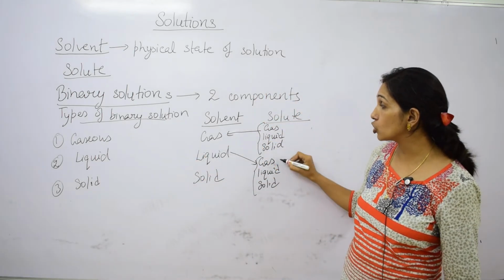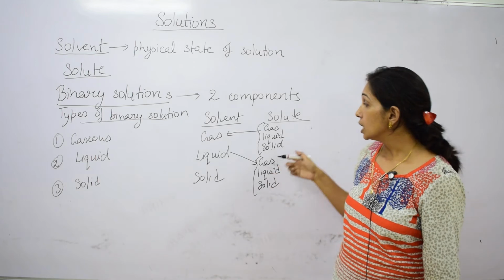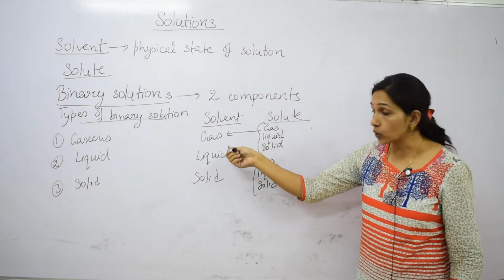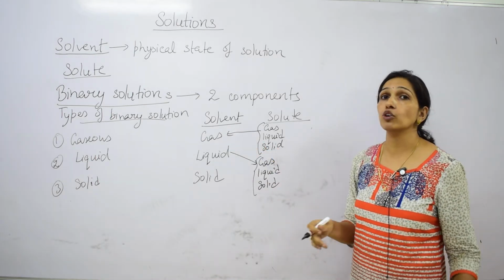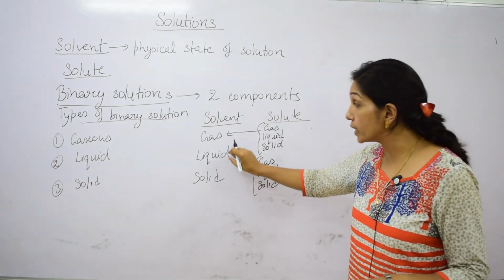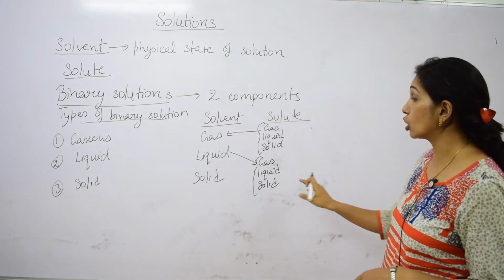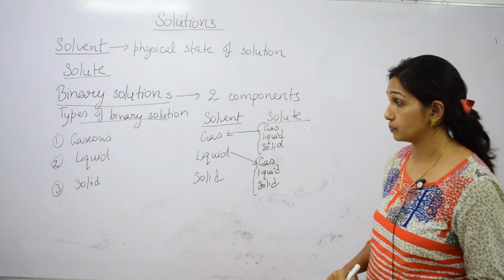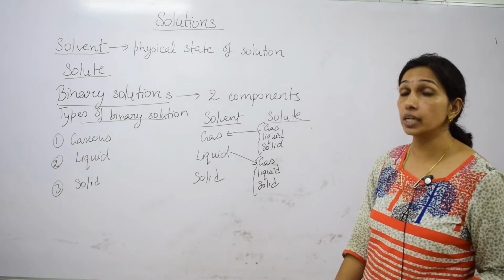For example, we are dissolving oxygen into water, a gas dissolved into liquid; a liquid into liquid, for example ethanol in water; or a solid into liquid, for example glucose into water.